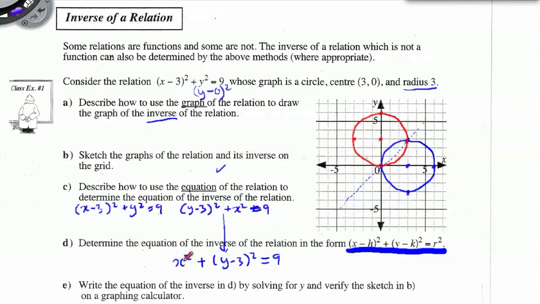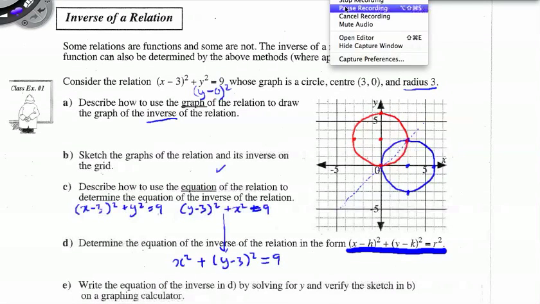So we can see the center now would be 0, 3 with radius 3. 0, 3, here's the center, radius 3. Write the equation of the inverse in D by solving for y. Solve this for y and verify the sketch in B on a graphing calculator.